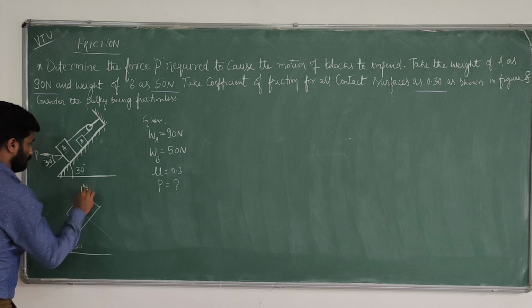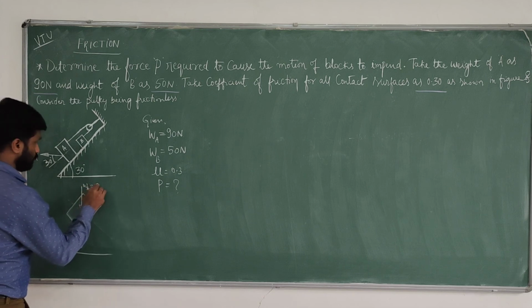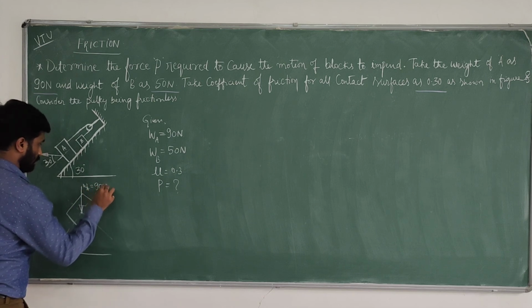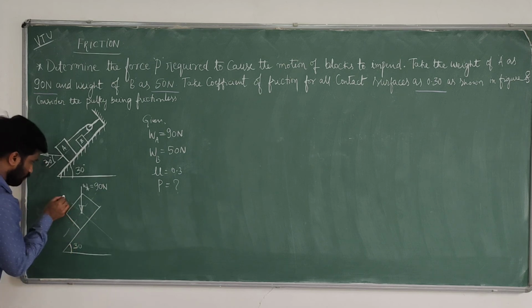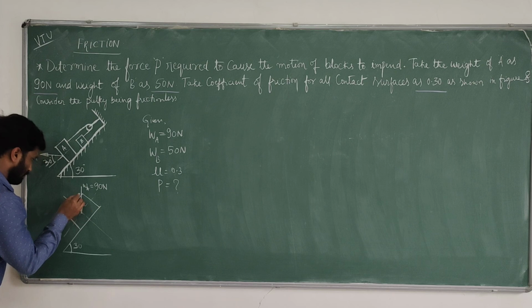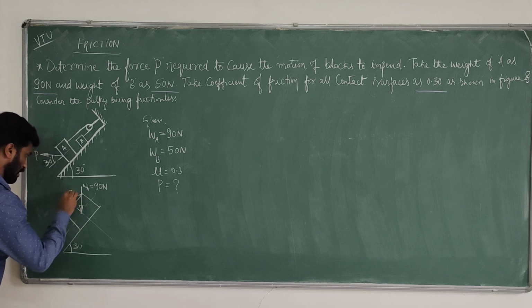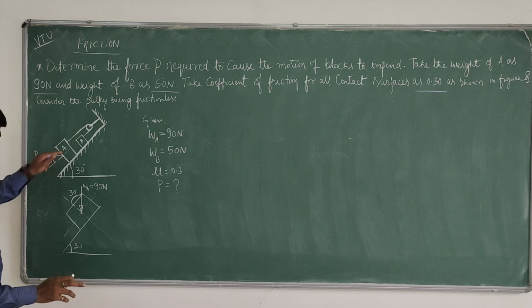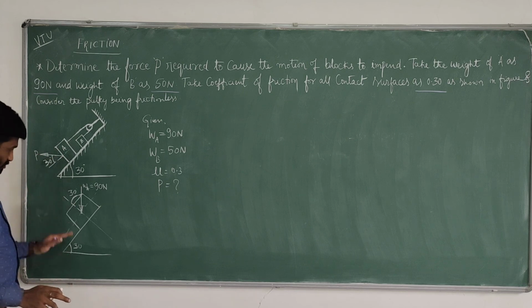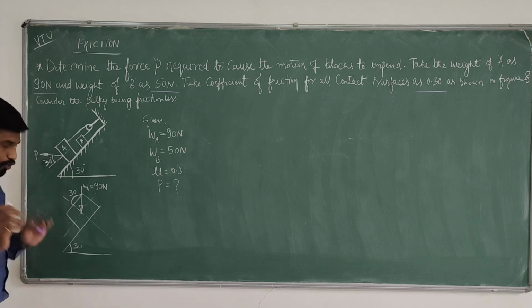Weight of A is equal to 90 Newton. The angle made here is the same as theta, so 30 degrees. This is the first thing, the weight and inclination, as per the angle of repose concept.